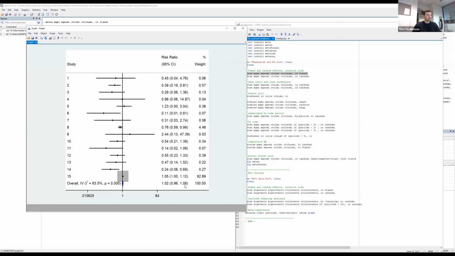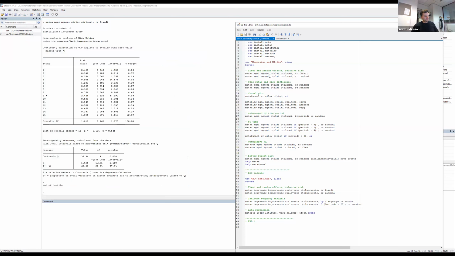And you'll notice that this does include the null, so it's overlapping the null, which suggests that it's non-statistically significant. But interestingly, as Maria's spoken about heterogeneity, we've got a high level of heterogeneity here with an I-squared value of 64%. So fixed effects is not the suitable method to use in this scenario.